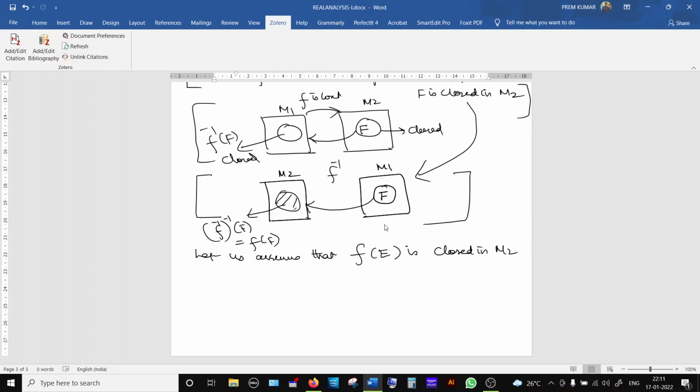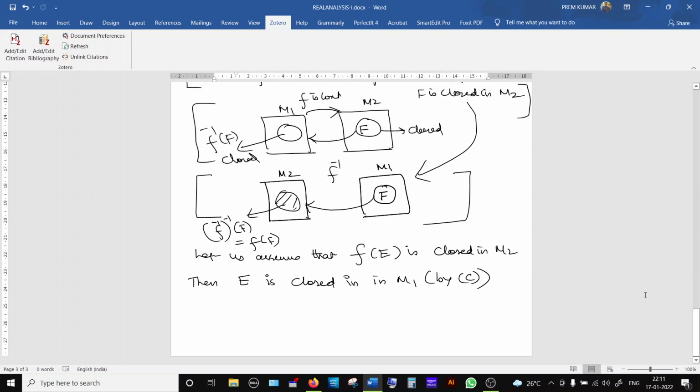So instead of F, I use the letter E. Assume that f of E is closed in M2, then E is closed in M1 by the assumption of C.